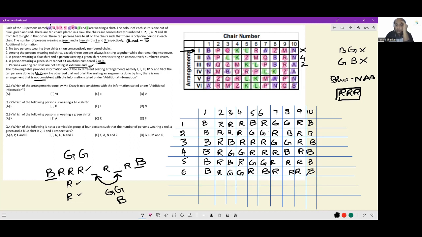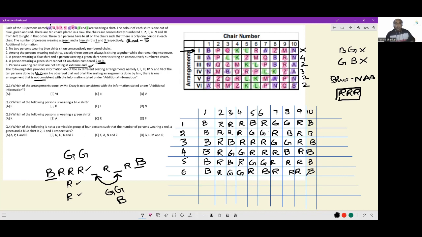So it has to be either the third one or the fifth one. Blue, red, red, red. So the third one, this is corresponding to the third arrangement that we have. Fifth one, blue, red, red, green, green. This is corresponding to the second arrangement that we have. And this is again corresponding to the second arrangement that we have. The rest of the arrangements have not even been used. It is just that people have been moved around.